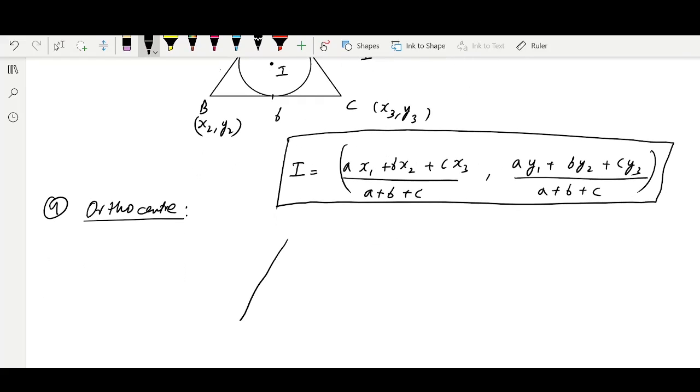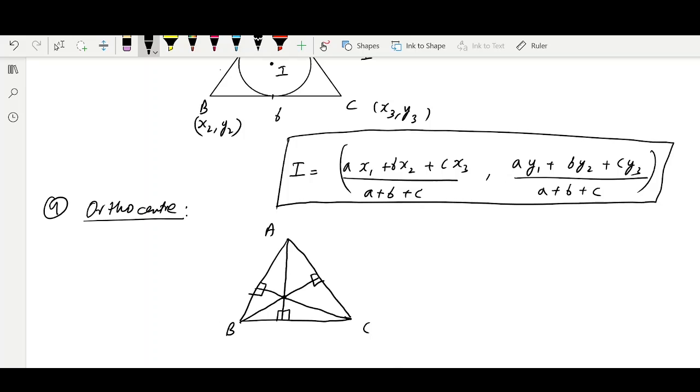Let me draw a triangle A, B, C, and altitude is nothing but the line that starts from a vertex and is perpendicular to the opposite side.